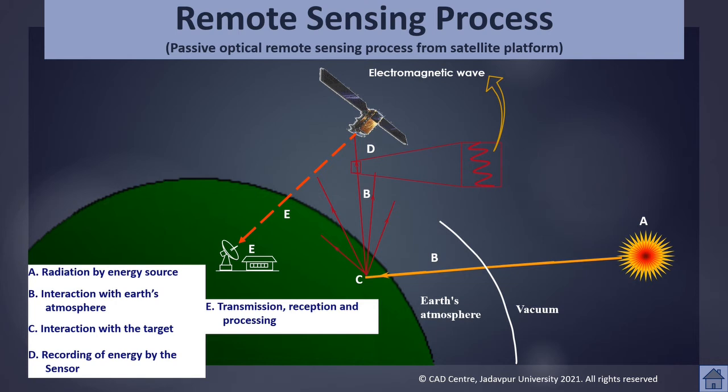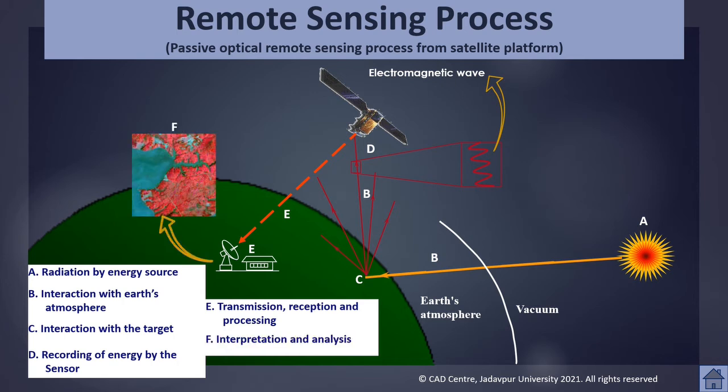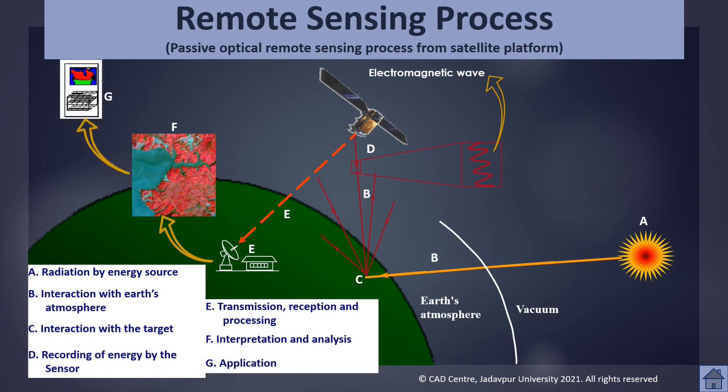These systematic errors are necessary to be reduced or removed, and this is called processing. Now after the processing we get the interpretable image, and these images are interpreted and analyzed to extract the information, and then this extracted information will be used in different application areas.